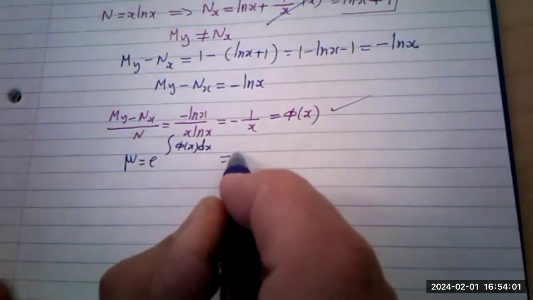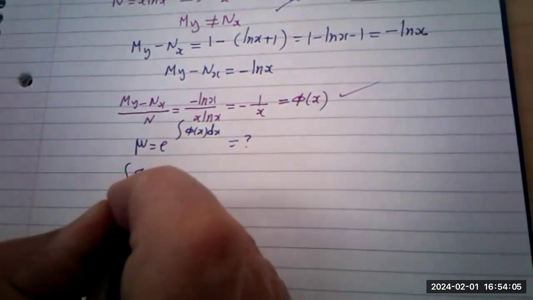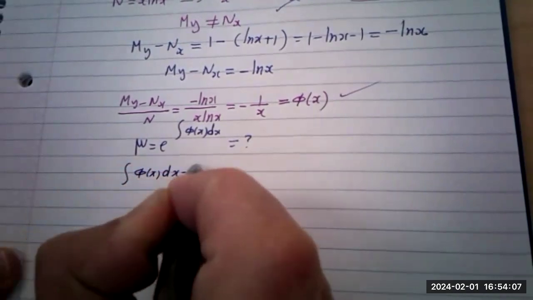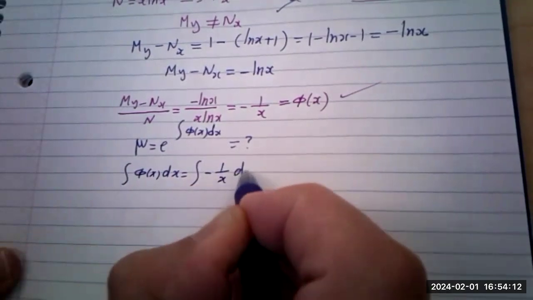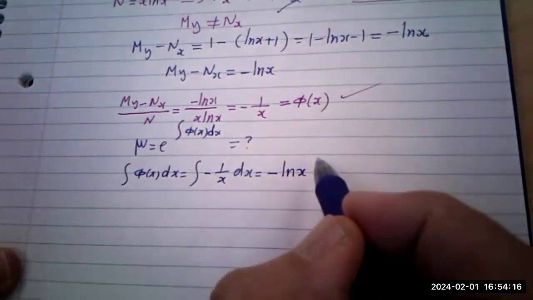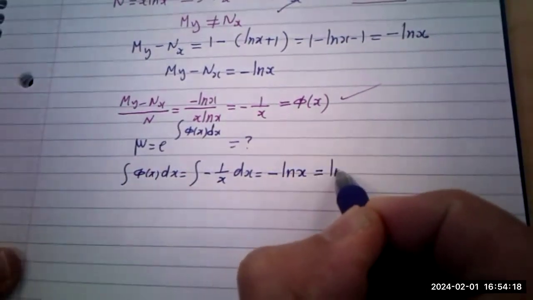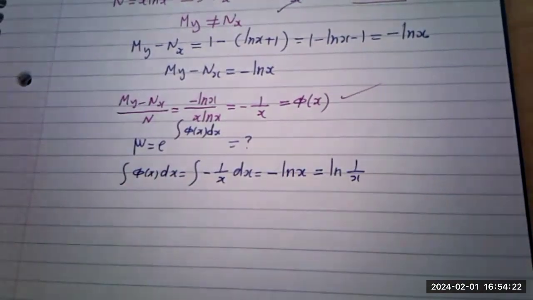You can do it as is, but you better find the integral of phi of x dx first. That will be the integral of negative 1 over x dx, and that will be negative ln x. Since you want to simplify, it's going to be equal to the ln of 1 over x. You move the negative 1 up, x to the negative 1 would be 1 over x.